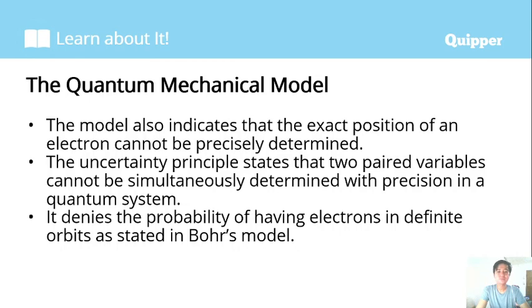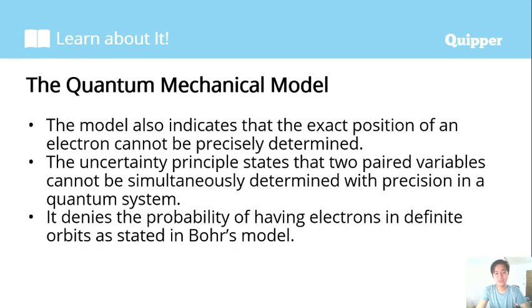So now it led to a new model that has been widely accepted today, which is called the quantum mechanical model of the atom. The model also indicates that the exact position of an electron cannot be precisely determined.